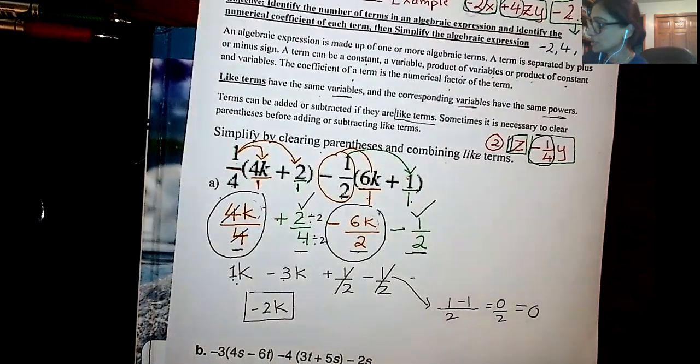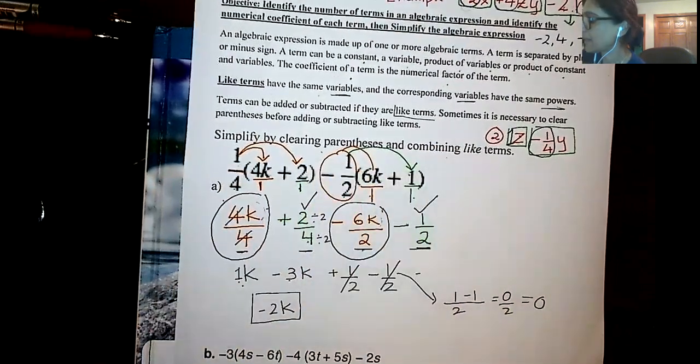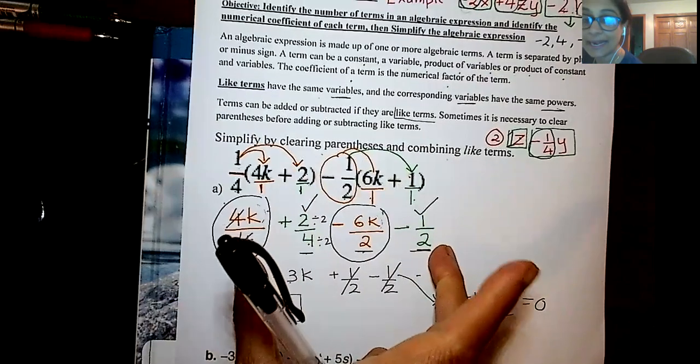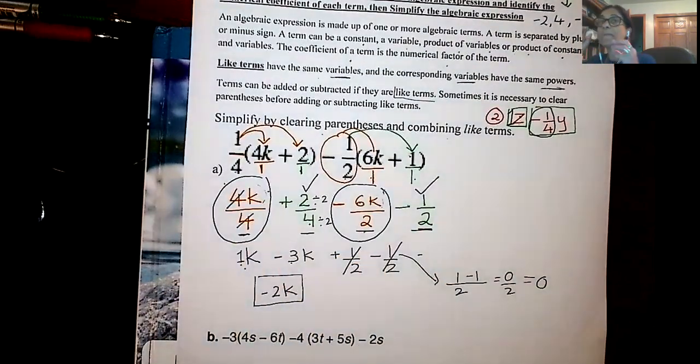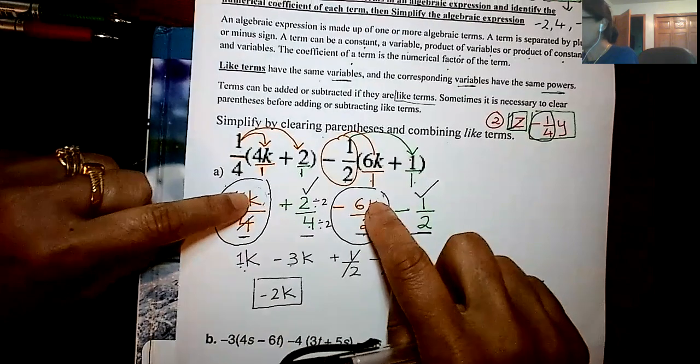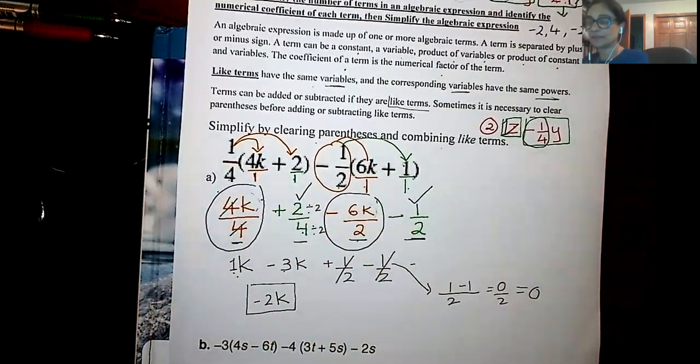Good. So we started off with 2 terms because they are multiplied. And when I distributed, I ended up with 4 terms. Then I'm simplifying by combining like terms. Like terms have the same variable and the variable has the same power. So if this is to the 1 power, this is to the 1 power, that's why it's the same.